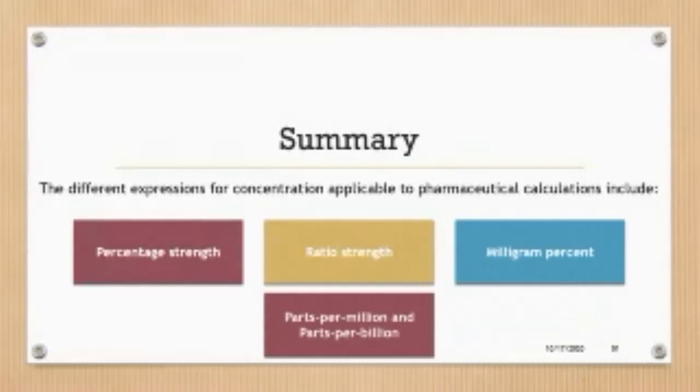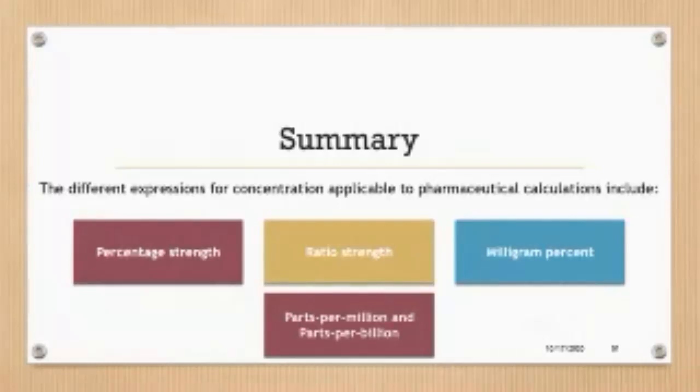And we also learned of parts per million and parts per billion. Parts per million indicates the amount of parts in terms of grams in 1 million mils, or it could be expressed as the amount of parts in grams in 1 million parts in terms of grams.